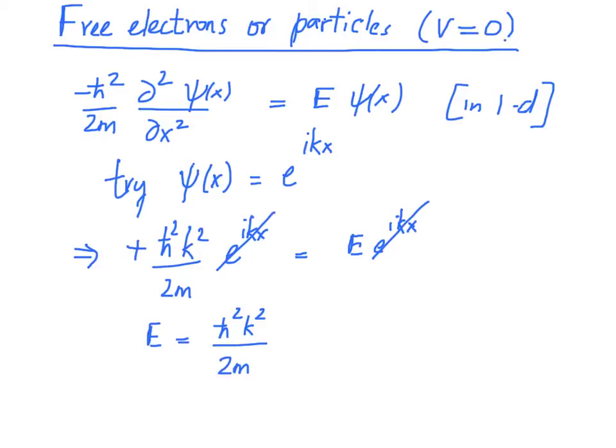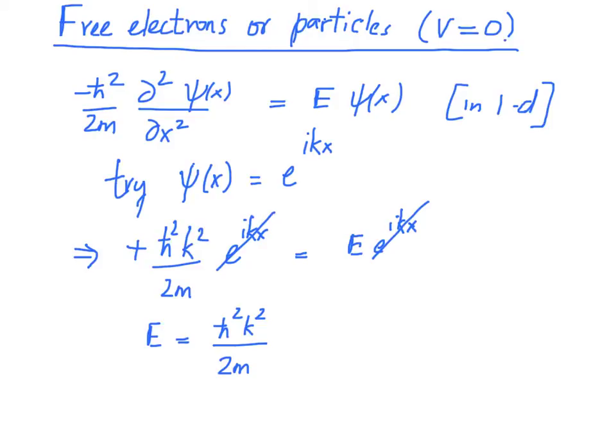Now let's make a very important observation. This is our energy E, which is equal to h bar squared k squared over 2m. Since our electrons or particles are completely free, the only energy that our particle has is kinetic, right? It's all kinetic energy. If it's all kinetic energy, then it has to be equal to 1/2 mv squared or p squared over 2m, right? Where p is the momentum.